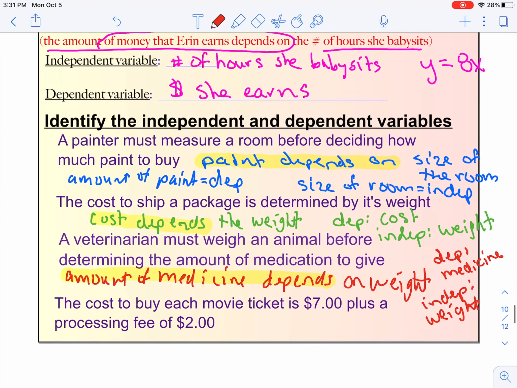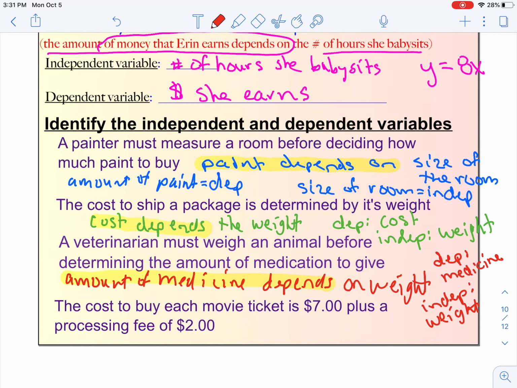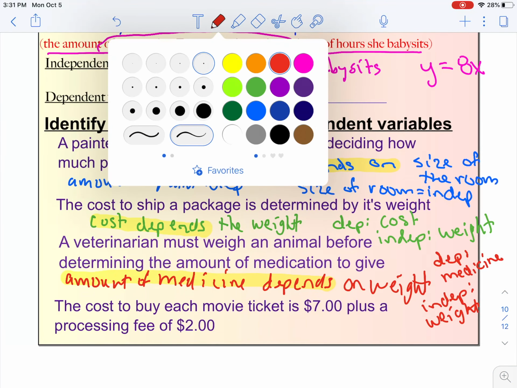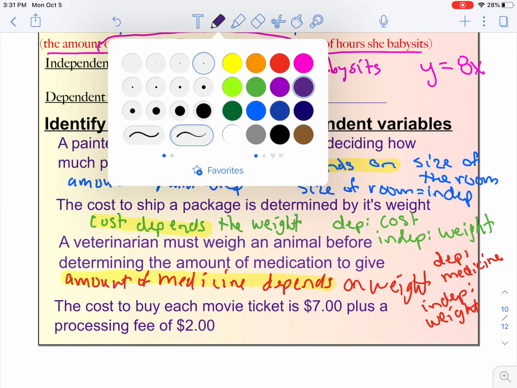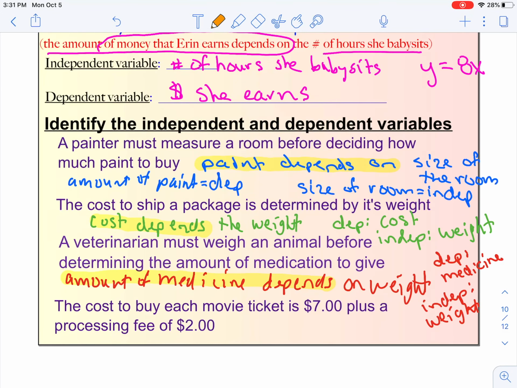And last but not least, you try this one. Pause the video and then start again to see if you got it right. Okay, the cost to buy each movie ticket is $7 plus a processing fee of $2. So the cost of going to the movie, or the cost of the movie tickets, depends on what?